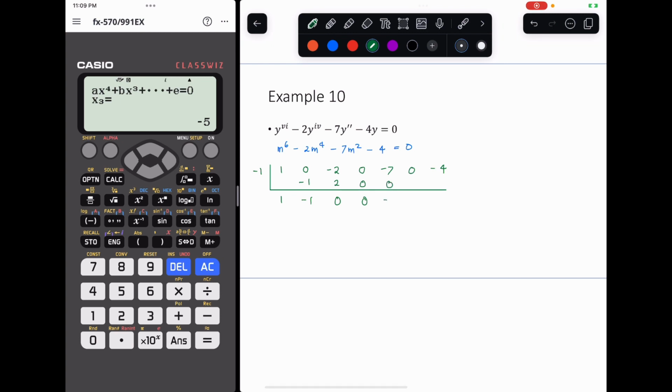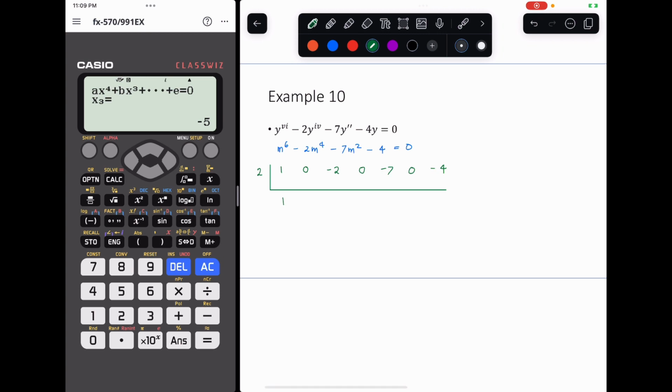So -7. So this is 7, negative 7. Again, it's not 0. So we delete. So we proceed with 2. So that's how we do trial and error.